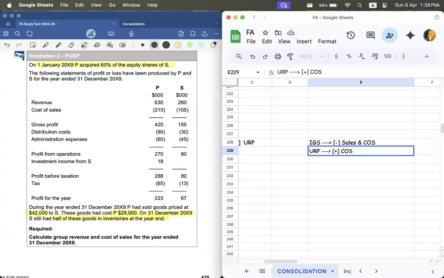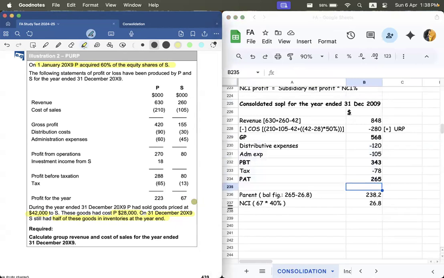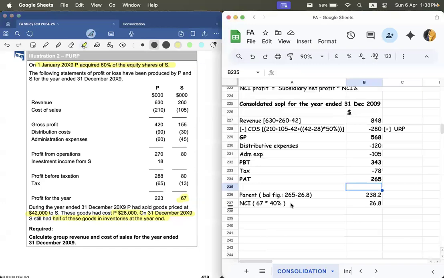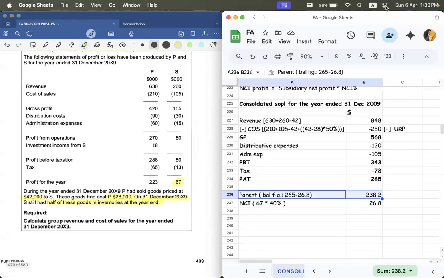This is the treatment. The remaining is as it is. You add everything together and reach the final stage. After that, you take the profit for the year and 40 percent of it for the NCI, and the remaining profit, that is 265 minus 26.68, gives you the parent profit for the year.